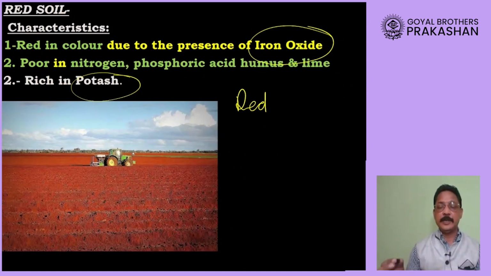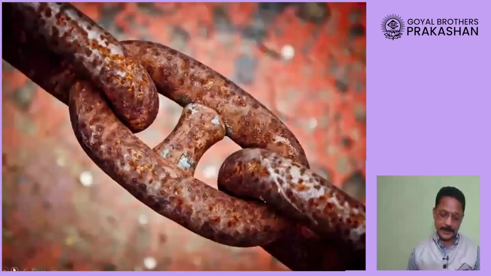But because other nutrients are not present in much quantity, we have to add a lot of fertilizers to this soil. Fortunately, this soil allows the fertilizers to get added to it, and therefore crops can be grown even in this soil.